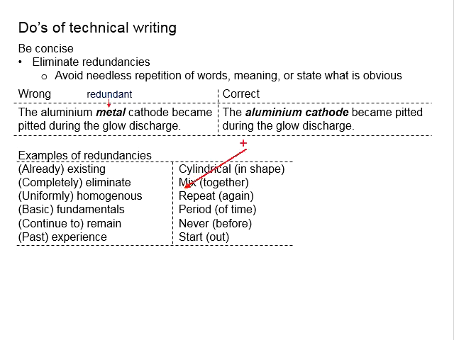Same goes for the others: completely eliminate, uniformly homogeneous, basic fundamentals, continue to remind, past experience, cylindrical in shape, mixed together, repeat again, period of time, never before, start out.